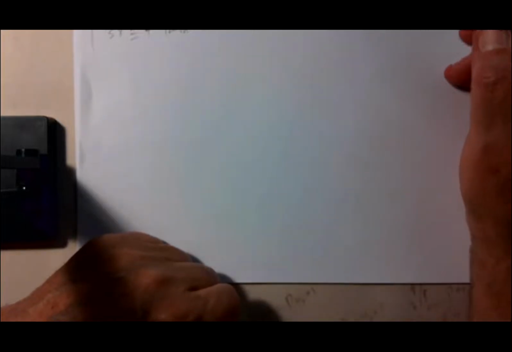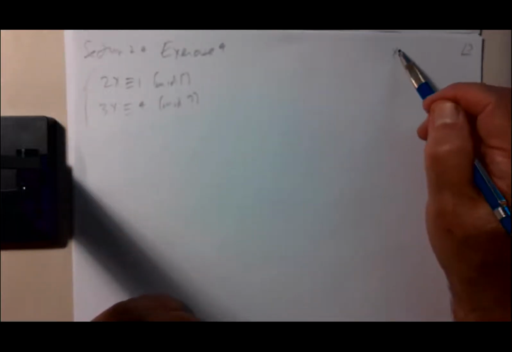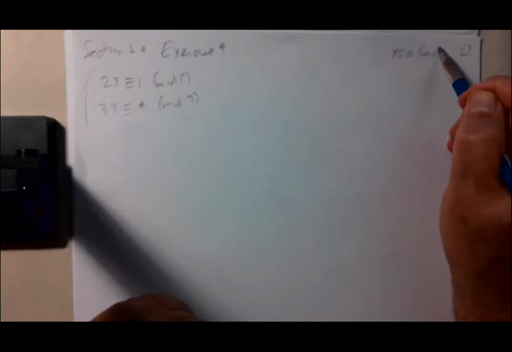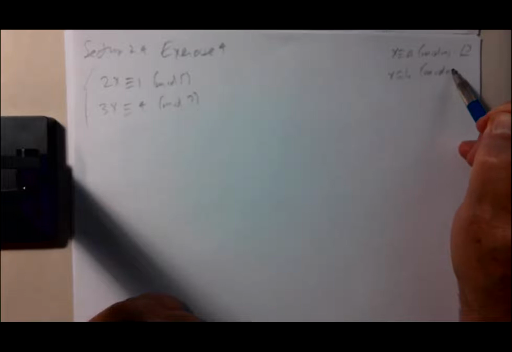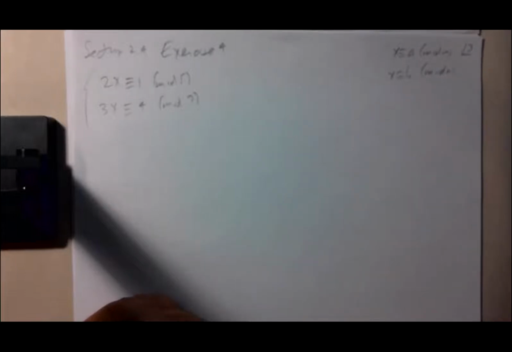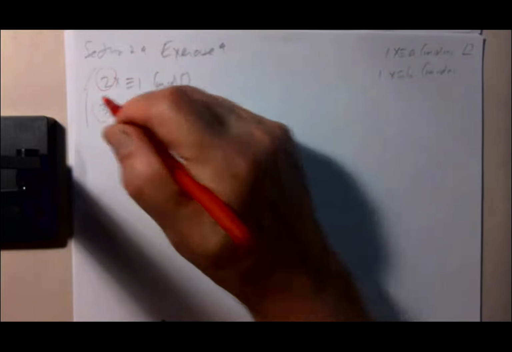I can say, well, we can't apply the Chinese remainder theorem directly, because in the Chinese remainder theorem, we had congruences that look like x congruent to a mod m, x congruent to b mod n, and the coefficients of x in both cases were 1. And here the coefficients are 2 and 3 respectively.